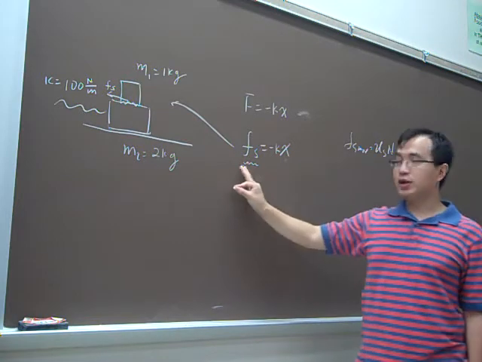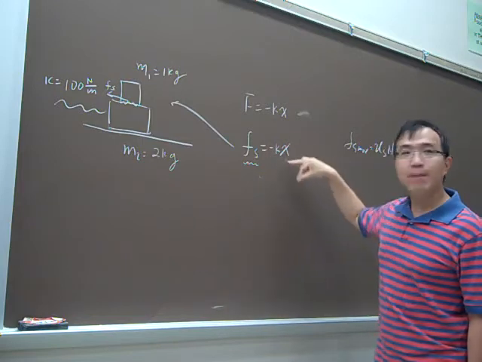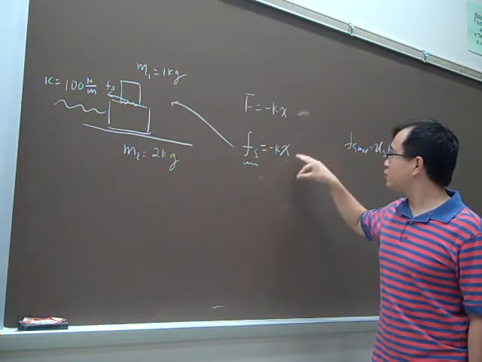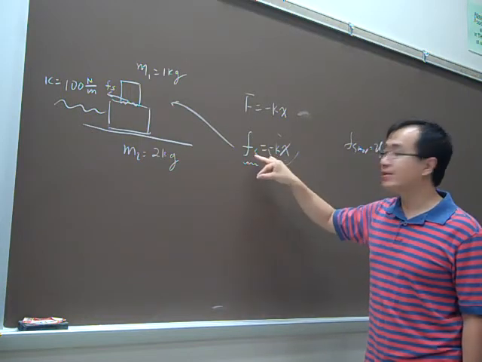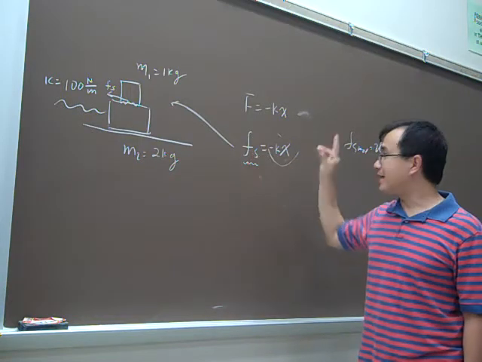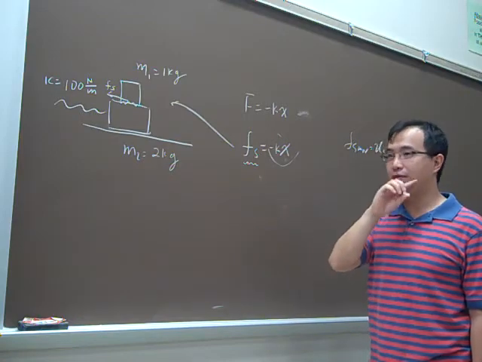So the frictional force here has some maximum value. If the amplitude or the displacement is too large, this quantity may be larger than this one. In that case, it will slide. You cannot have the oscillation.